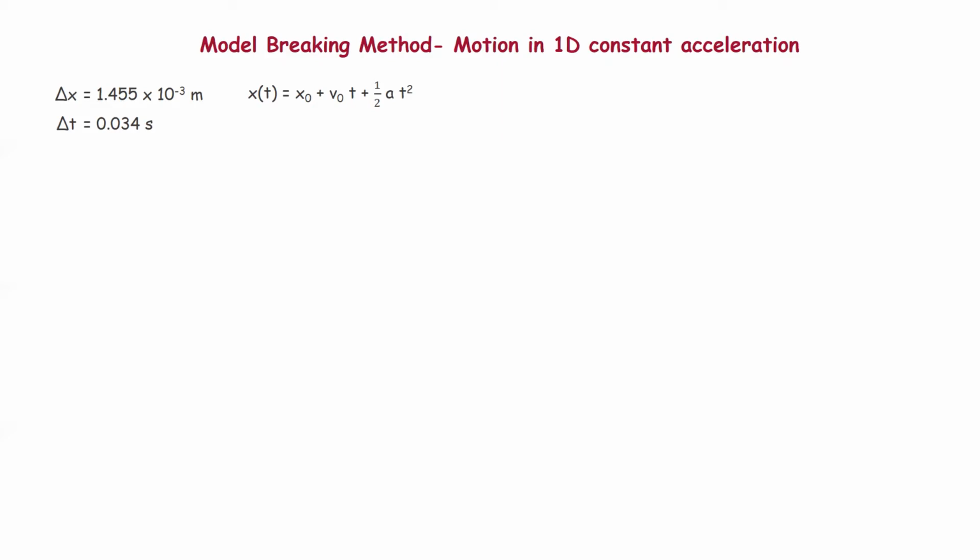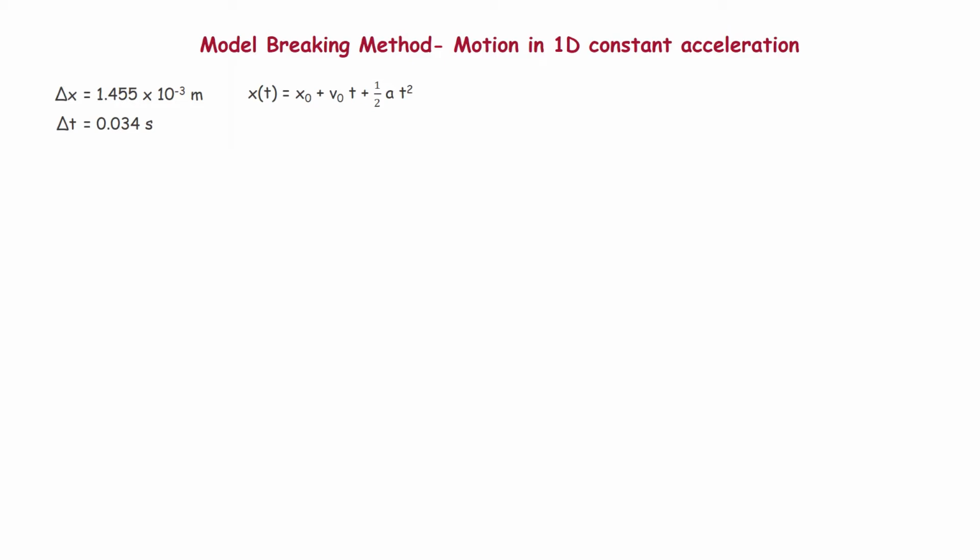In this constant accelerated motion in one dimension, we have three parameters: the initial position, the initial velocity of the cart, and its constant acceleration. So now we are going to determine these parameters, but how are we going to do this using our data?